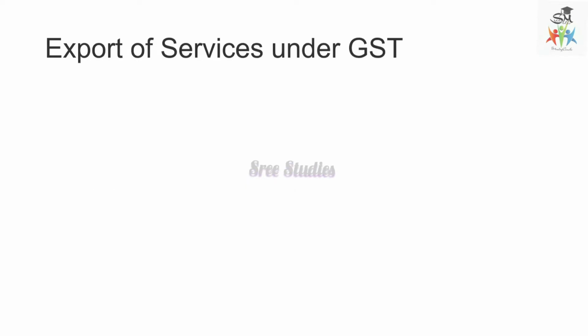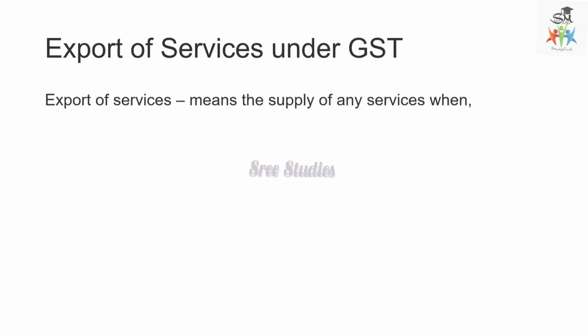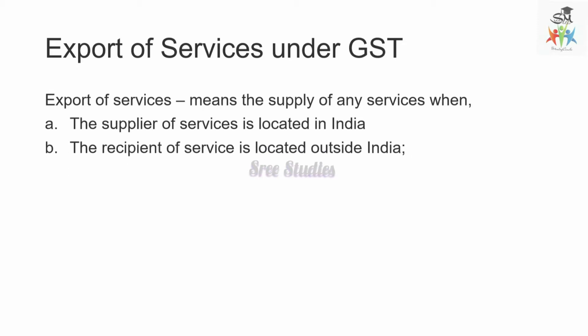What is export of services under GST? Export of services means supply of any service when the supplier of service is located in India, the recipient of the service is located outside India, and the place of supply of service is outside India.